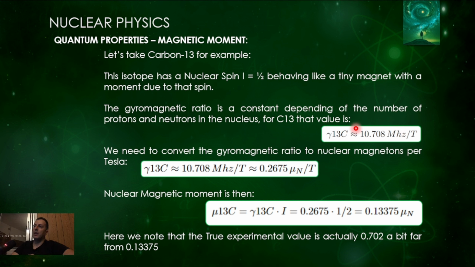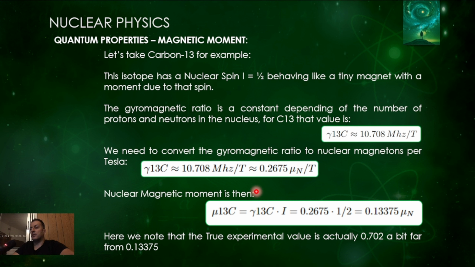So it is a constant depending on the number of protons and neutrons, as we mentioned. It's like a frequency ratio, by the way. So we need to convert the gyromagnetic ratio to nuclear magnetons. Gamma 13C is approximately 0.2675 magneton per Tesla, correct?